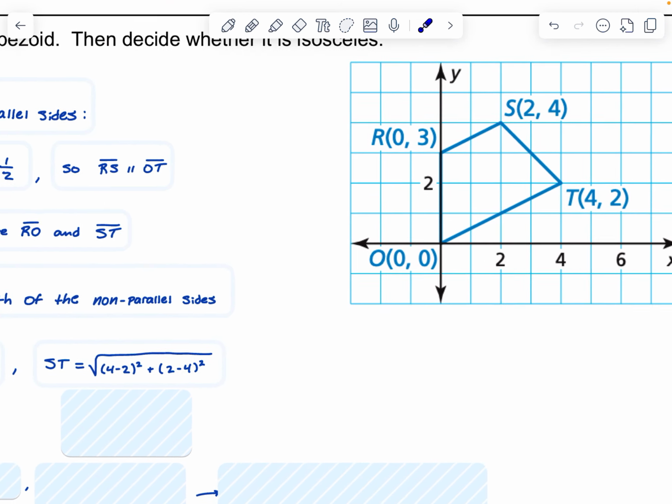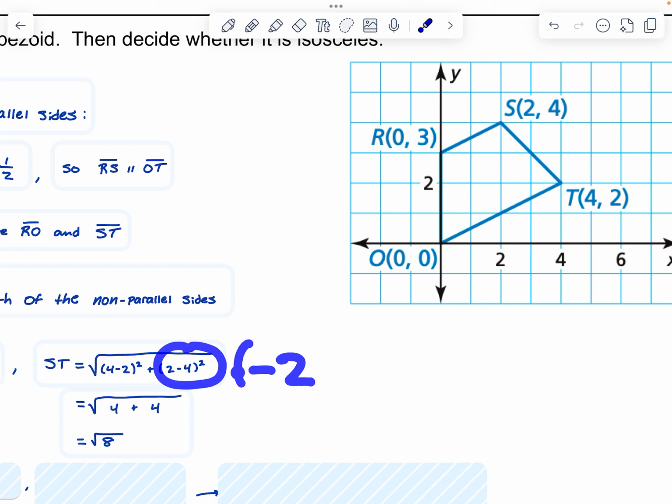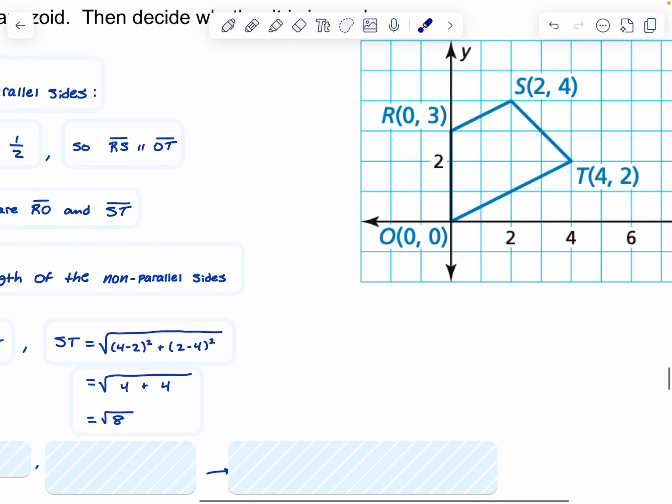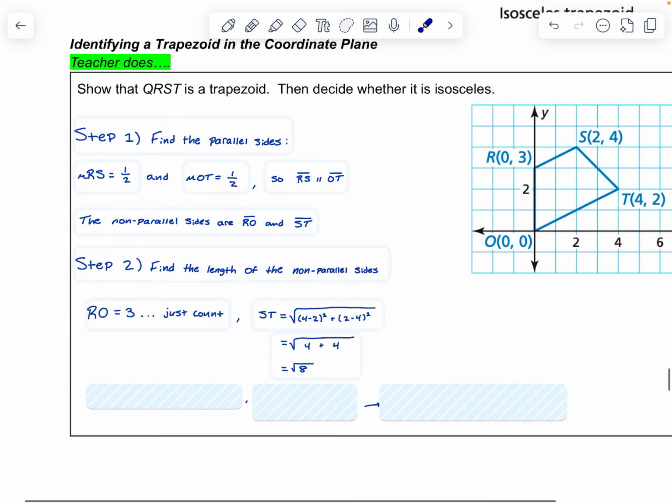We need to use the distance formula with the points S and T. ST is equal to the square root of 4 minus 2 squared plus 2 minus 4 squared. 4 minus 2, that's 2 squared, that's 4. 2 minus 4, well, that's negative 2, but negative 2 squared is just 4. Square root of 4 plus 4 is just the square root of 8.